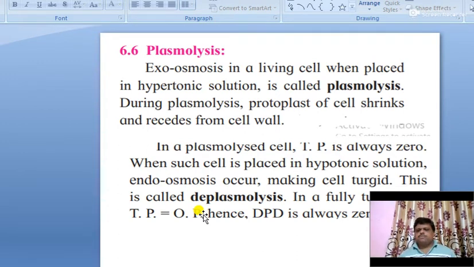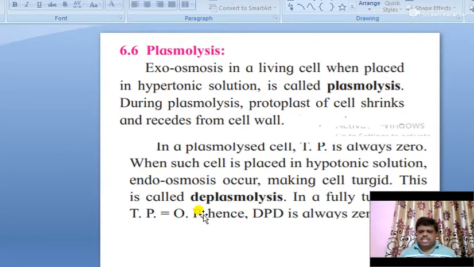In a plasmolysed cell, a gap develops between the cell wall and the protoplast. This gap is filled up by the outer solution. In a plasmolysed cell, TP, that is turgor pressure, is always zero.